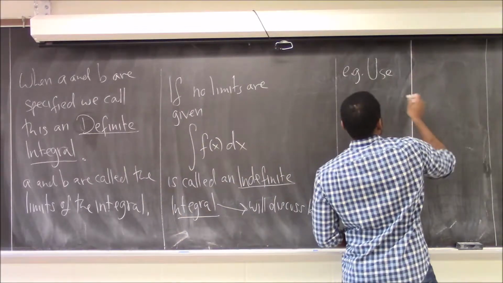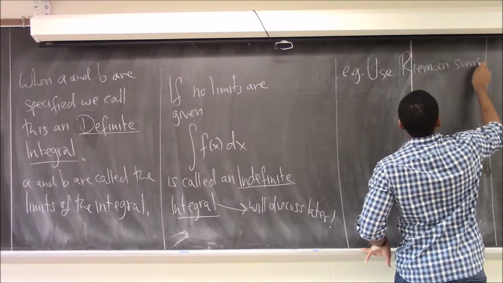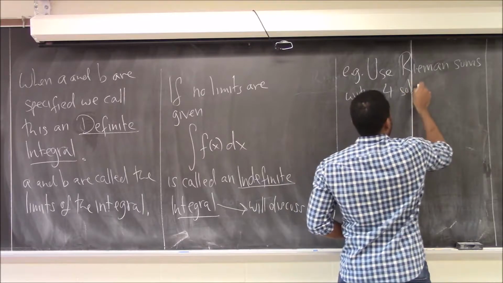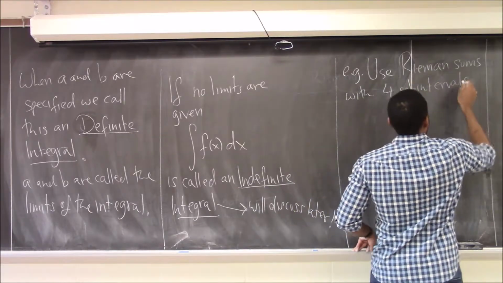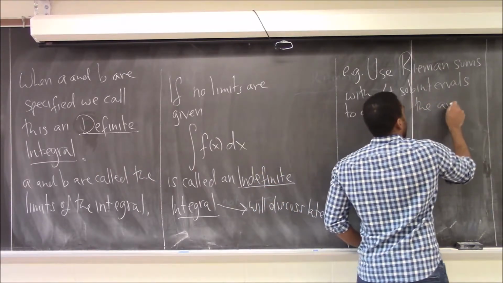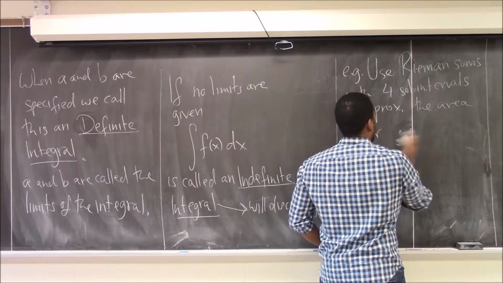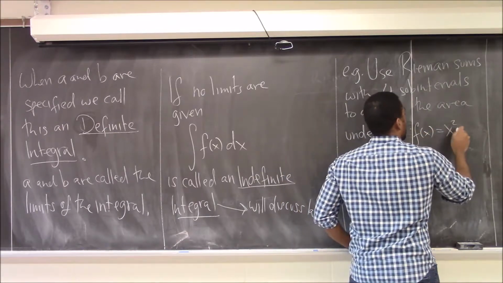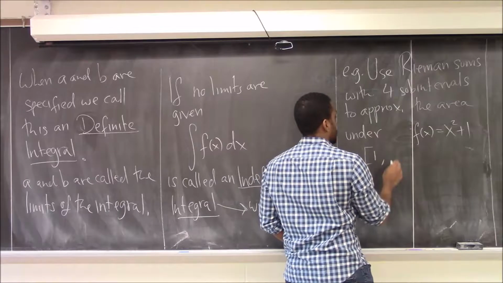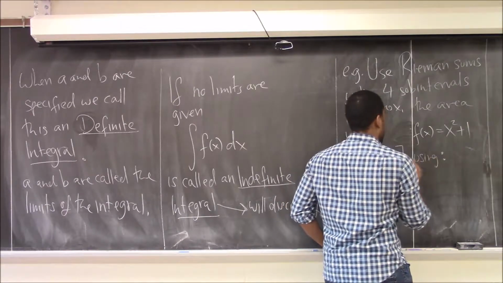I would say something like, use Riemann sums with 4 subintervals to approximate the area under f of x equals x squared plus 1 on the interval 1 to 5, using, let's do a couple of them so you can see the difference.